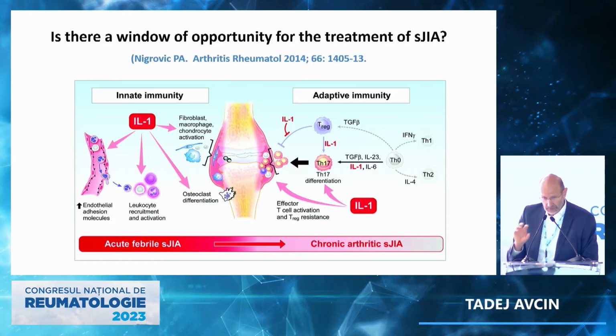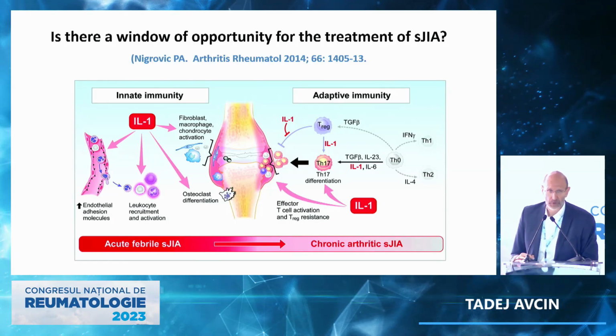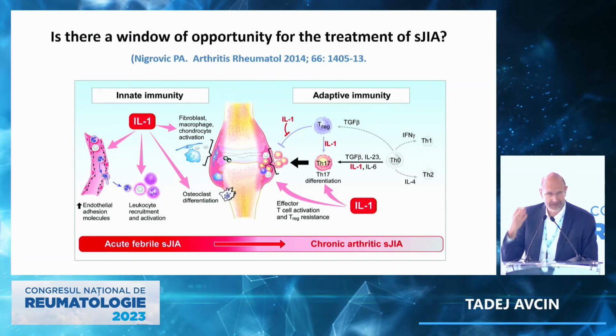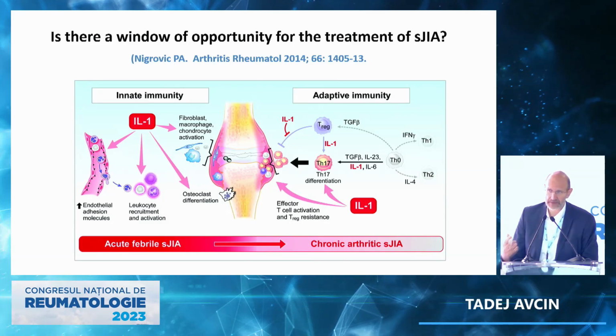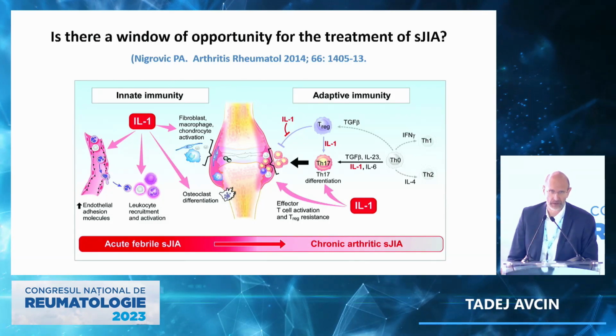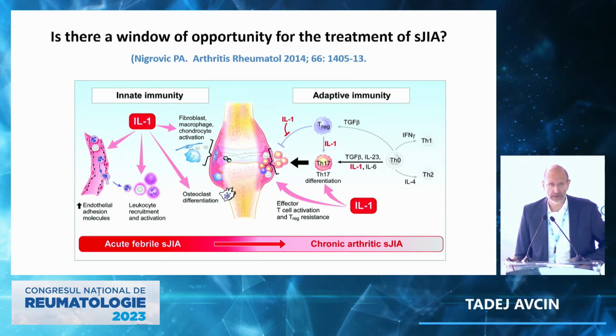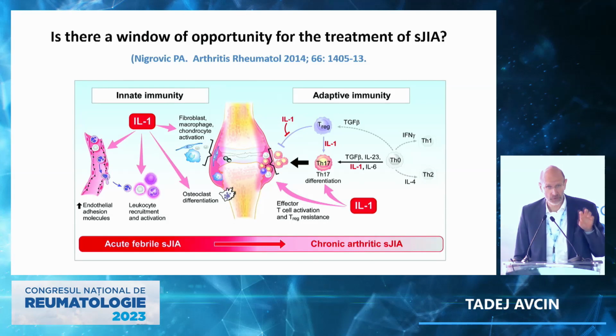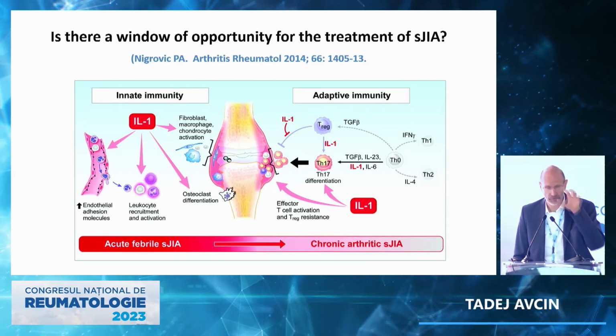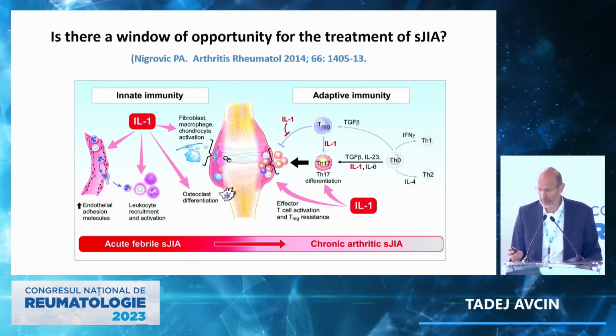This hypothesis of windows of opportunity was additionally emphasized with the recent extraordinarily good clinical response to anti-IL-1 treatment in patients in the acute phase of systemic juvenile idiopathic arthritis.